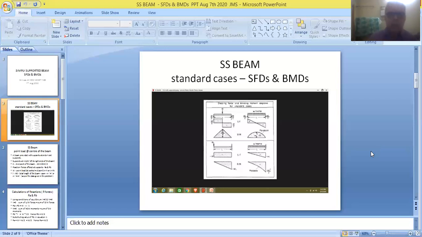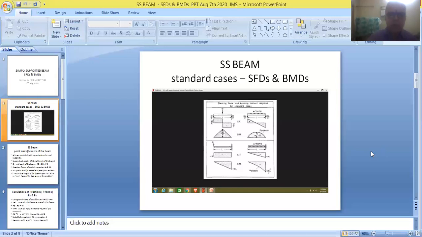And similarly, in this case, UDL is acting for the entire length of the supported beam. So here also we have to make calculations and prepare shear force and bending moment diagrams. We are going to discuss these two topics in this particular session.